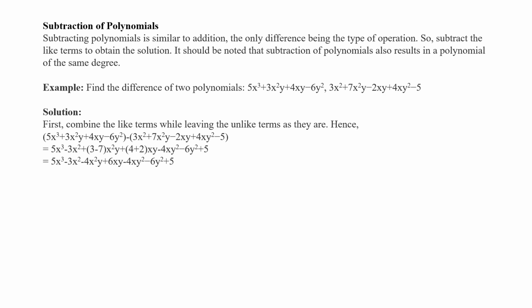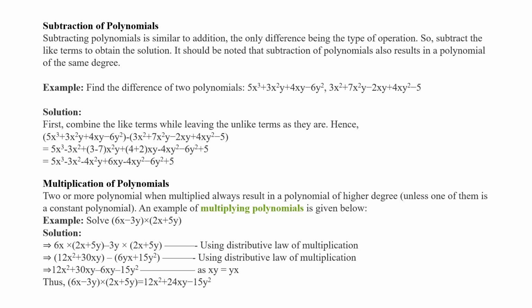So you have the expression and the multiplication. You have two polynomials given and you just multiply them. In a question, if they ask you to solve, suppose 6x minus 3y into 2x plus 5, you have to open the bracket on the basis of the variables.